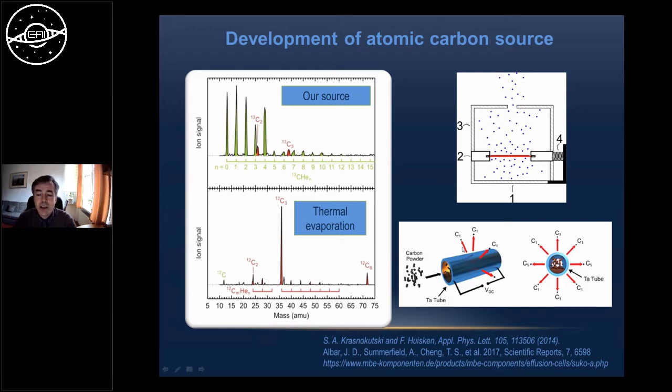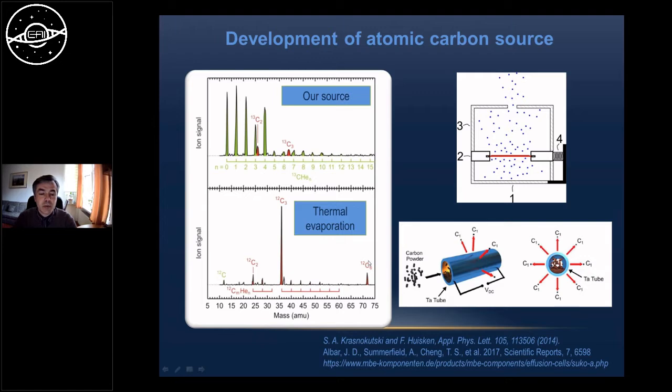You have a tantalum tube which is filled with carbon powder. Then this tube is clamped on both sides, inserted between two electrodes and heated by direct electric current. When the temperature increases up to 2000 K, the carbon dissolved in the tantalum diffuses to the outer surface of the tube, from which it evaporates in the form of single carbon atoms.